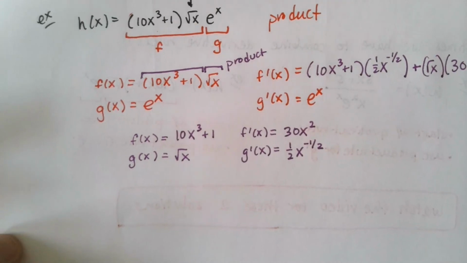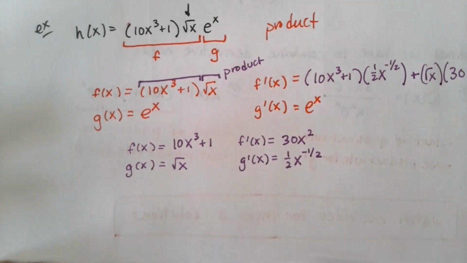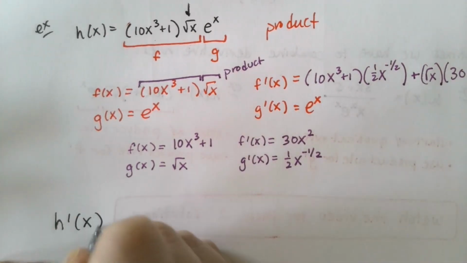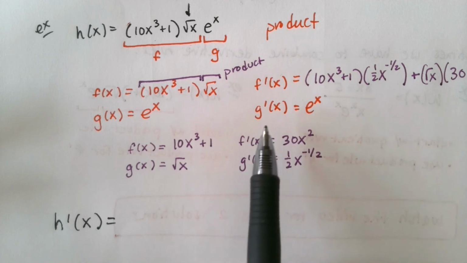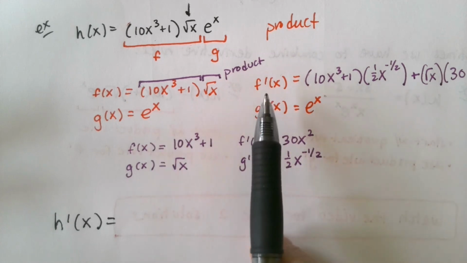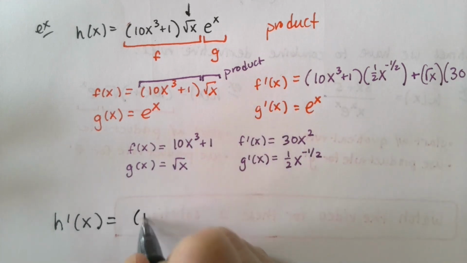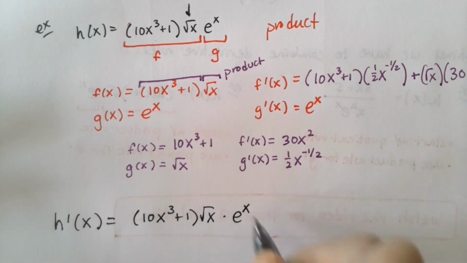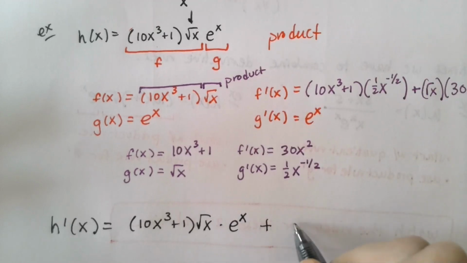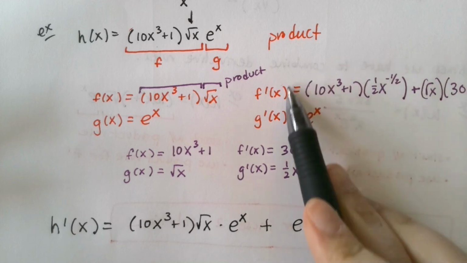So we'll give ourselves just a little bit more space. And we have the derivative of the original function is, from the red information, f g prime plus g f prime. So I have f times red g prime plus g times f prime, which is this whole thing here.